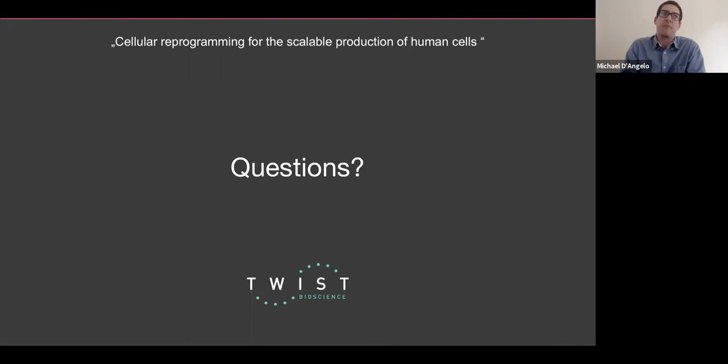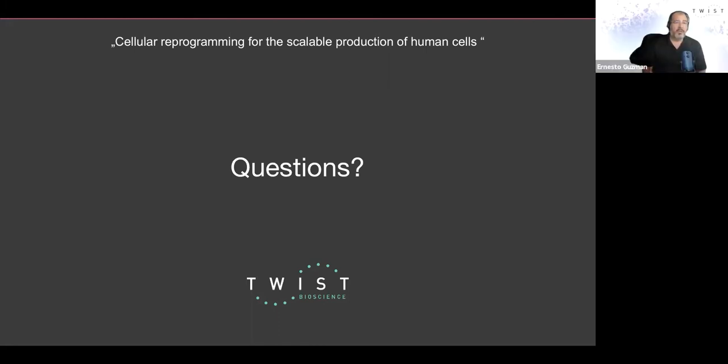I believe there were some slides in a recent webinar from our CEO that looked at ways of comparing the identity of the cells that we make in a reprogramming versus the mature human cell type that we're trying to model. So we have done benchmarking experiments like that. I don't have the data in this slide deck, though. If you're interested, you can get in contact, or check out that webinar, which I think is accessible on our website.